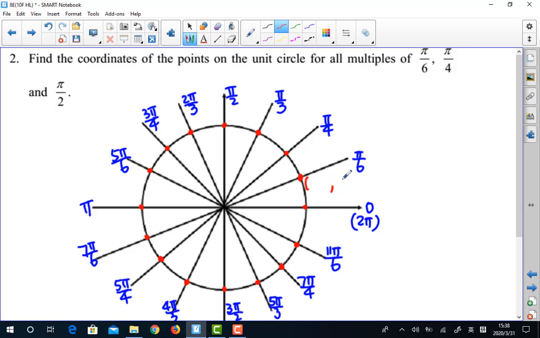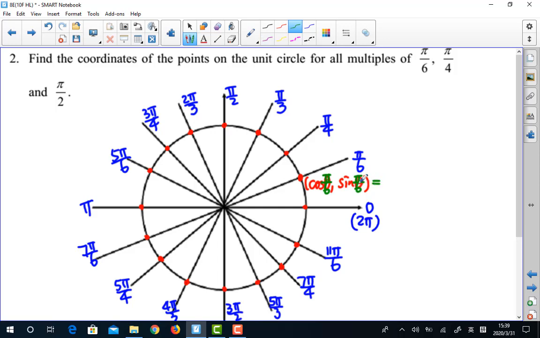So the y coordinate is just sine theta. Likewise, I can find the x coordinate. The x coordinate equals cosine theta. So the coordinates of this point are cosine pi over 6 and sine pi over 6.